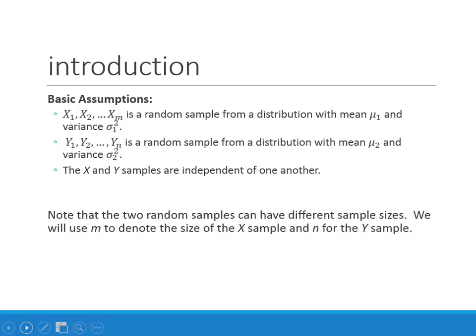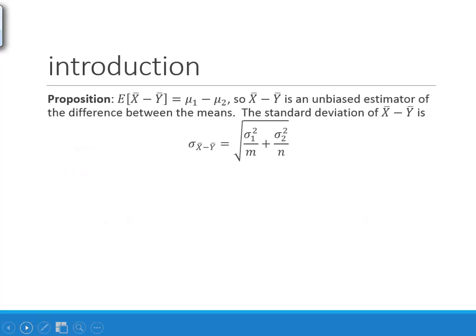And again, just note that we can have different sample sizes, so we'll use m and n to represent those different sample sizes that we might have. Okay, and a very important assumption, we'll also assume that the samples are independent of each other. So that's an important thing we need to assume for this chapter.